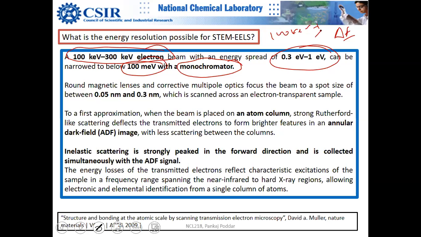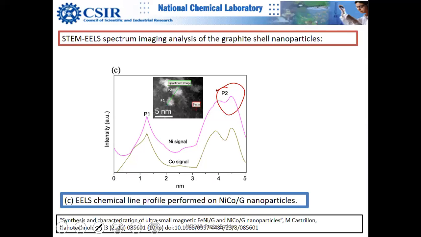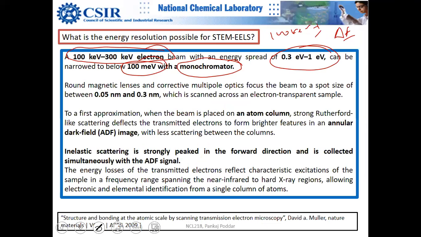Thermionic is very bad. If you are not sure what is the energy of your electrons, then how will you resolve these kinds of signals? And then again you put beautiful lenses, multiple corrective lenses.